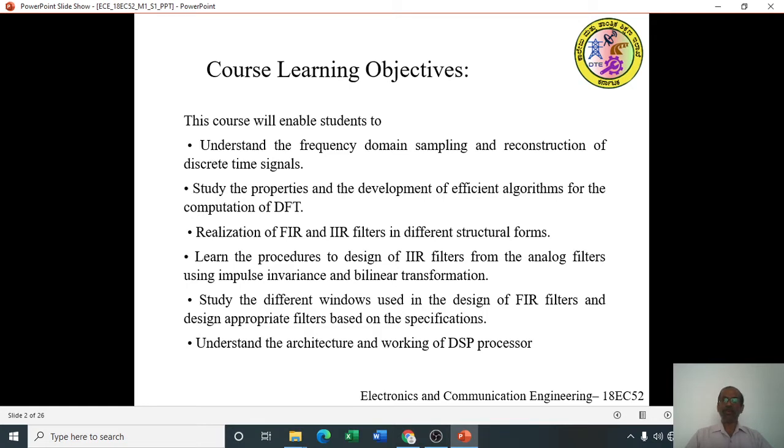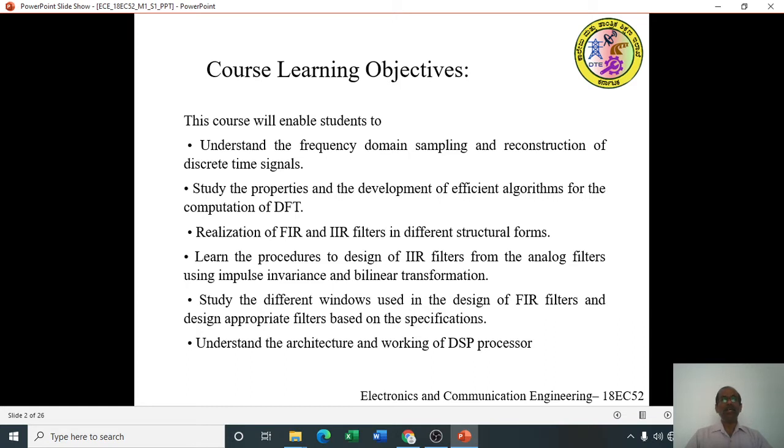You have two types of filters in your syllabus, FIR filters and IIR filters, which is your module 3 and 4, where we learn about design of Butterworth filters, how to convert analog Butterworth filter to digital Butterworth filter using transformation techniques, implementation of them using direct form structures, parallel structure, cascade structures, followed by design and implementation of FIR filters.